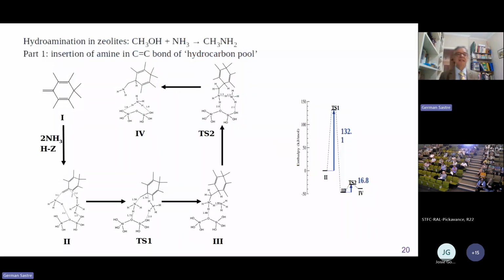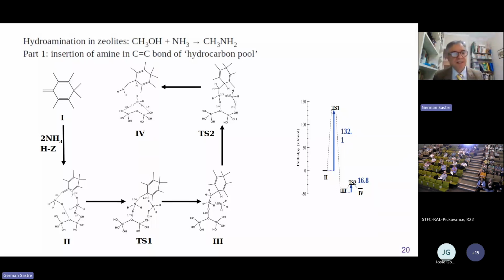We can see here in the intermediate one, this is one of the intermediates proposed in the methanol to olefins reactions. It's also present here, and this has been detected by mass spectrometry in the experiments in the group of Suk-Bong Hong in South Korea.